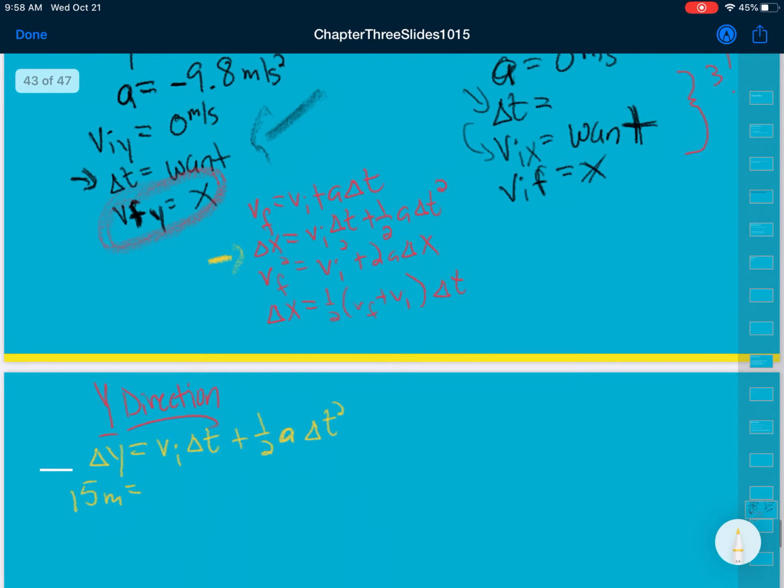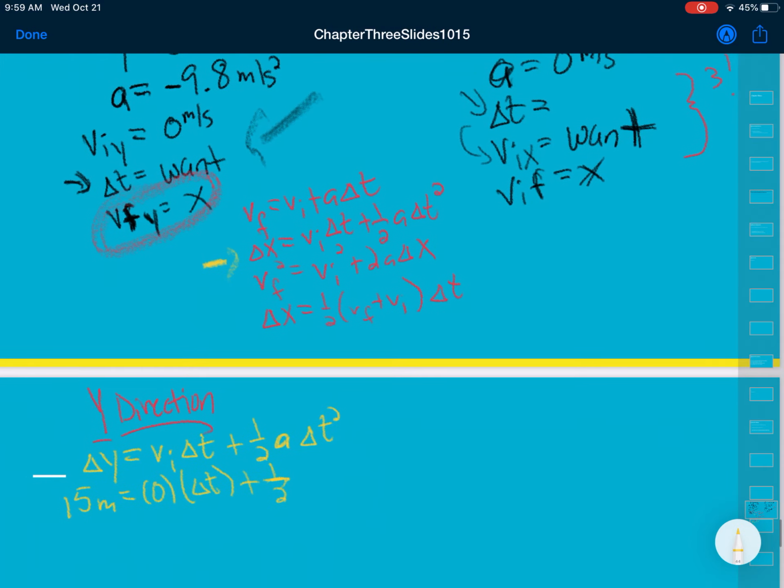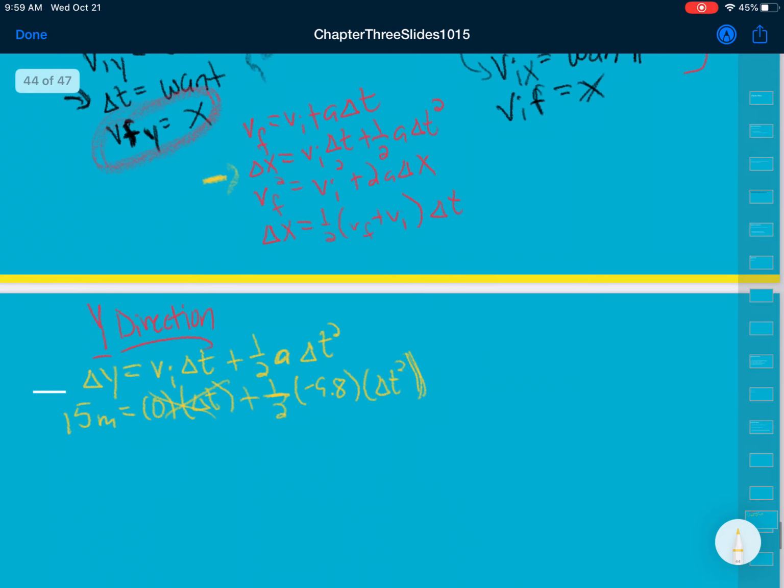My VIY is 0 times delta T plus 1/2. My A we know is negative 9.8 times your delta T squared. We know that this term we can get rid of because 0 times anything is 0.